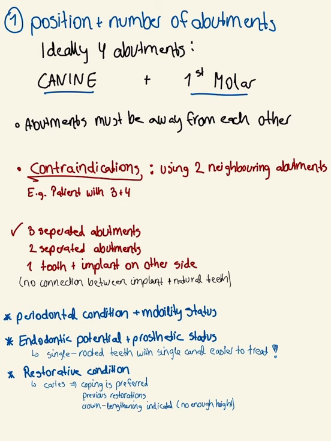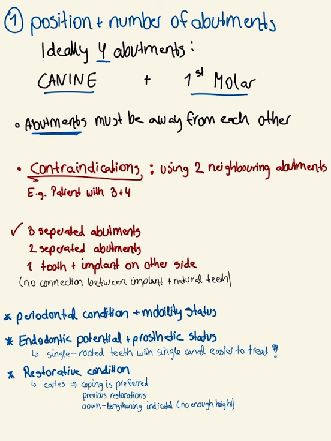Because the canine has a canine eminence and it resists anterior-posterior lateral forces, and it has good stability. And first molars are widely separated. Both of them give good stability. As I said, the best is 1 in each quadrant. And very important is that the abutments must be away from each other.